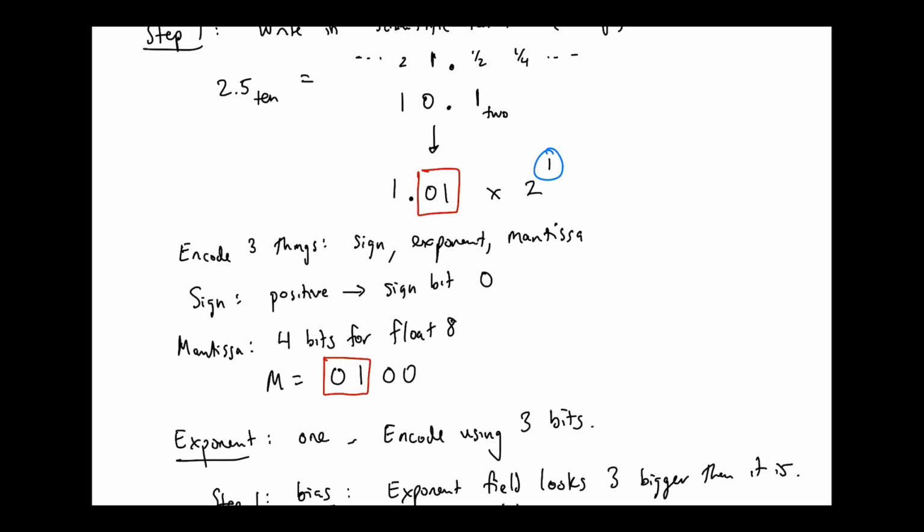What's 1.25 times 2? Which is the number we started with. So the mantissa is just a 4-bit pattern. I had already written down 2 bits, the 0, 1, but it needs to be 4 bits, and so I just tack on 2 extra zeros to make it 4 bits.